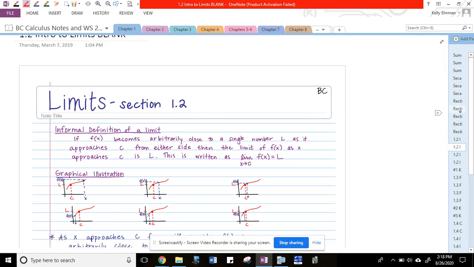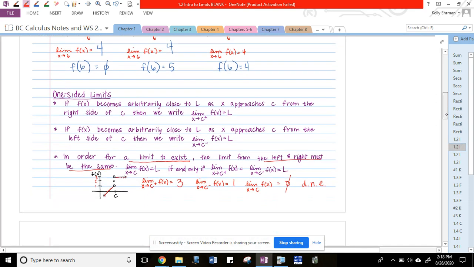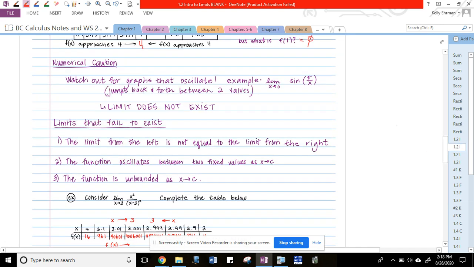Sorry, I just jumped all over. There we go. So that limit does not exist if it oscillates, and that's going to happen with trig functions like crazy. Think back to graphing. If I said, what's the period of this thing? It's like, what? Because that's not x to a -1 power.